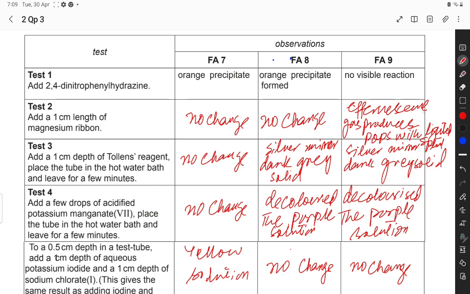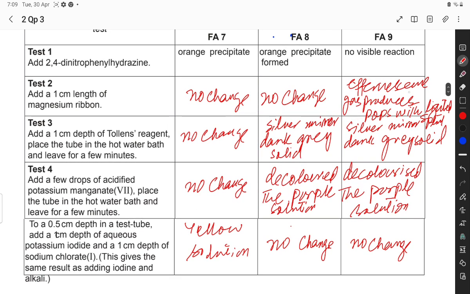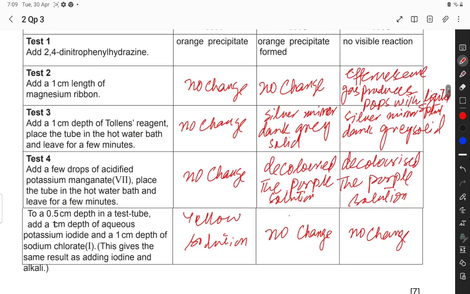So effervescence of gas produces a pop with a lighted splint. Don't forget to write down the test of hydrogen gas, and with magnesium ribbon always hydrogen gas is produced. Please keep it in mind. If in a test magnesium ribbon is given, then definitely hydrogen gas is there, and write down with effervescence the identification test of hydrogen gas.